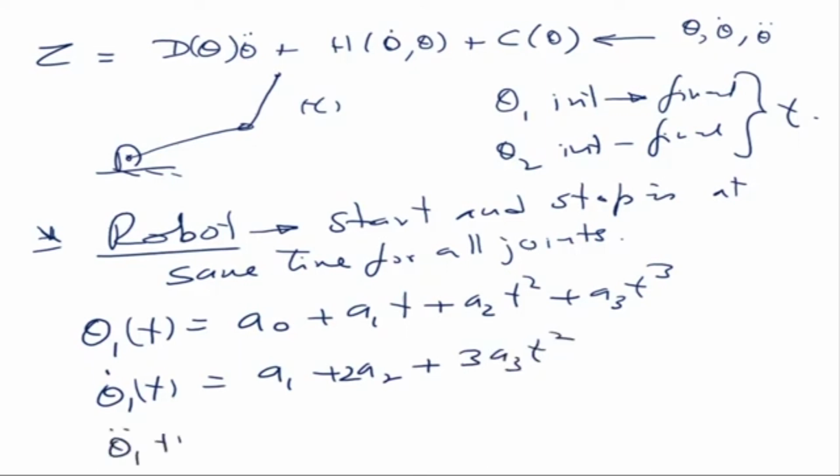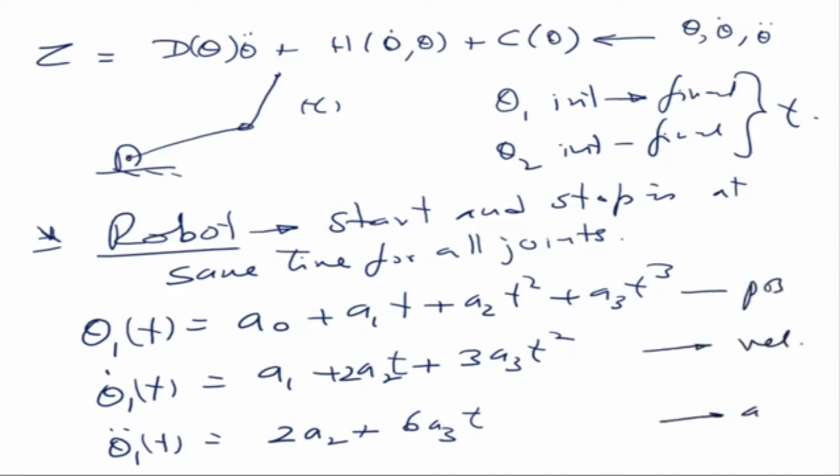And if I take the derivative one more time, theta 1 double dot of t becomes equal to 2 a2 plus 6 a3 t. Okay, so this is my position, this is my velocity, and this is my acceleration.